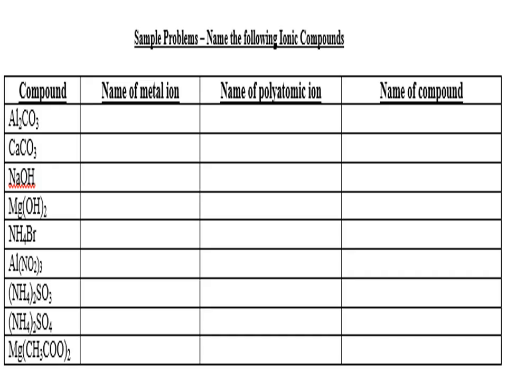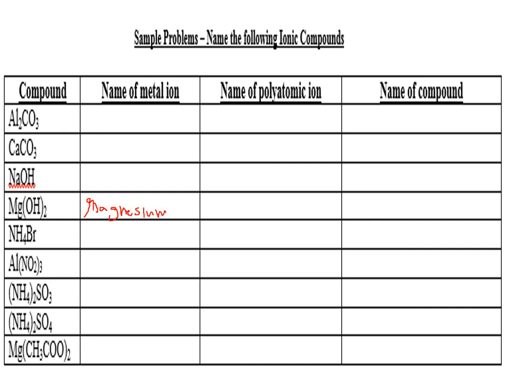Here are some practice problems for you to attempt. You can use your tables to remember the names of the polyatomic ions in the meantime. So again, the general idea is you name the metal first. So for example, if we're doing this one over here, we would have magnesium as a metal.